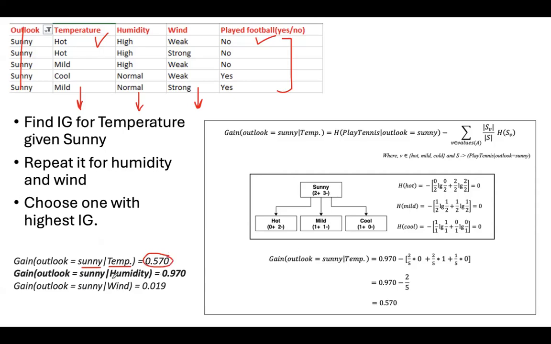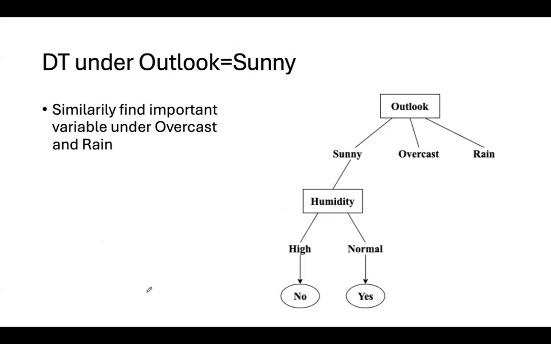If I ask about humidity after sunny, the reduction is 0.97. And if I ask about wind after sunny, the answer comes out to be 0.019. And this tells me that the highest reduction in entropy is with humidity. So after sunny, I should ask the question about humidity.